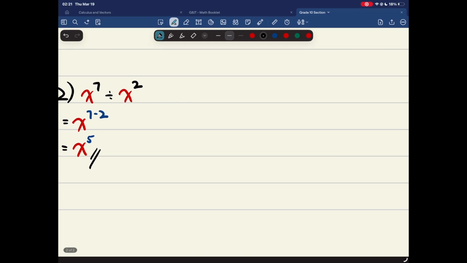And for question 3, you'll have bracket x to the power of 2 close bracket and power of 4.